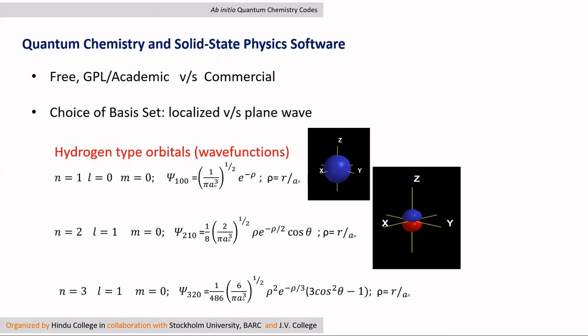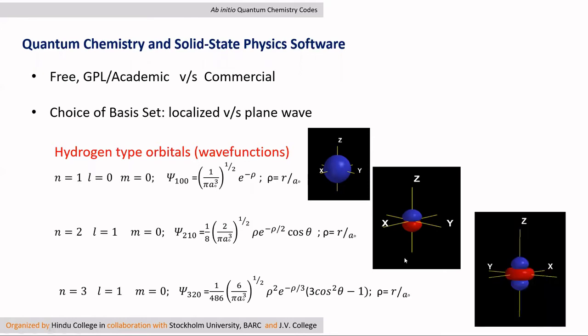Although most of the d orbitals have a dumbbell-type distribution of electron cloud, the dz square has two lobes along the z-axis with a ring of high electron density in the xy plane, and the corresponding angular momentum is root 6 h upon 2 pi. But none of the ab initio quantum chemistry packages use them.